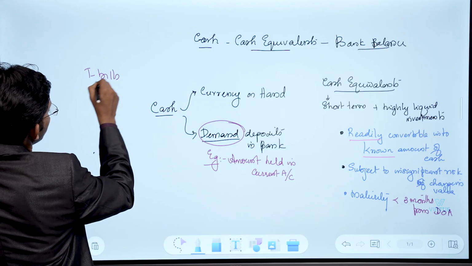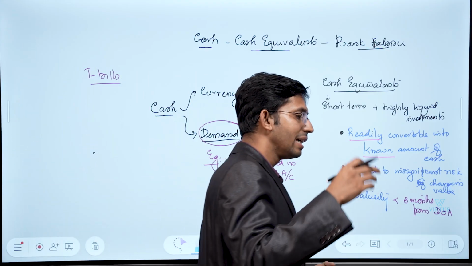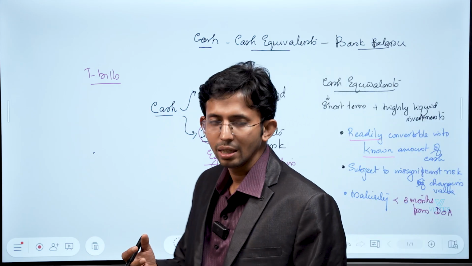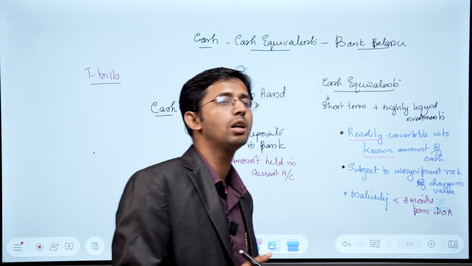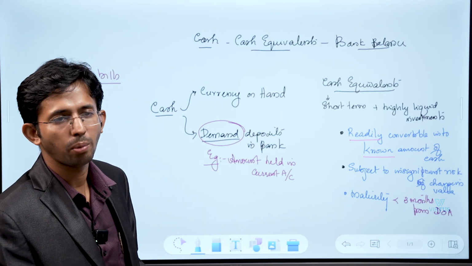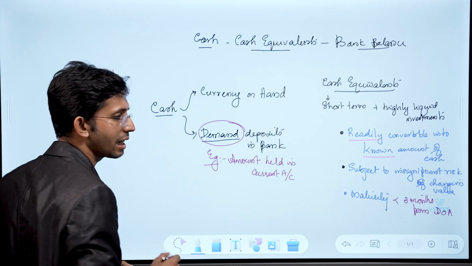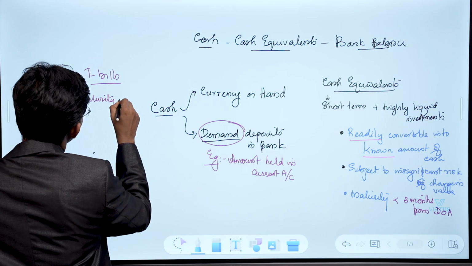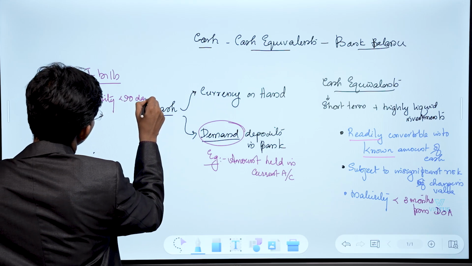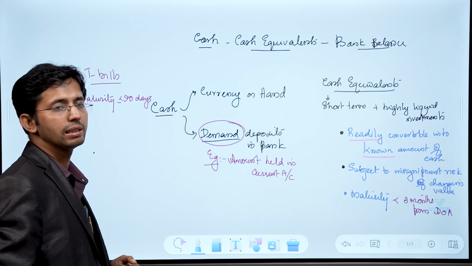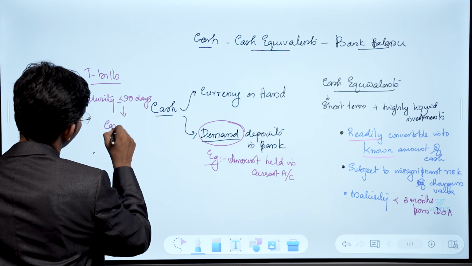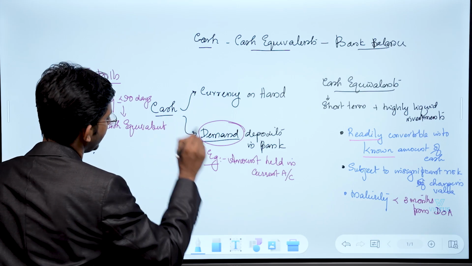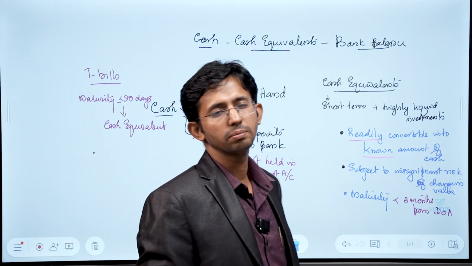A T-bill is nothing but an instrument issued by the treasury, central government or state government treasuries. So it is government deposits or government bonds. And if the T-bill has a maturity of less than or equal to 90 days, then this is a cash equivalent. But if the maturity is more than 90 days, then it is not a cash equivalent.